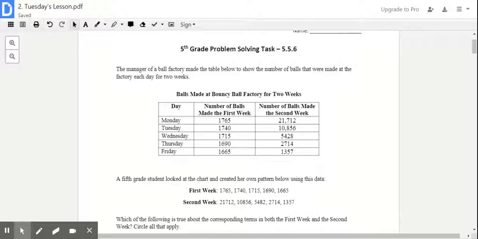What did you guys determine? Exactly. We are subtracting 25 every single time. As the week goes on, we are subtracting 25 because that's how many balls are made per day. It keeps getting lower by 25 every single time.